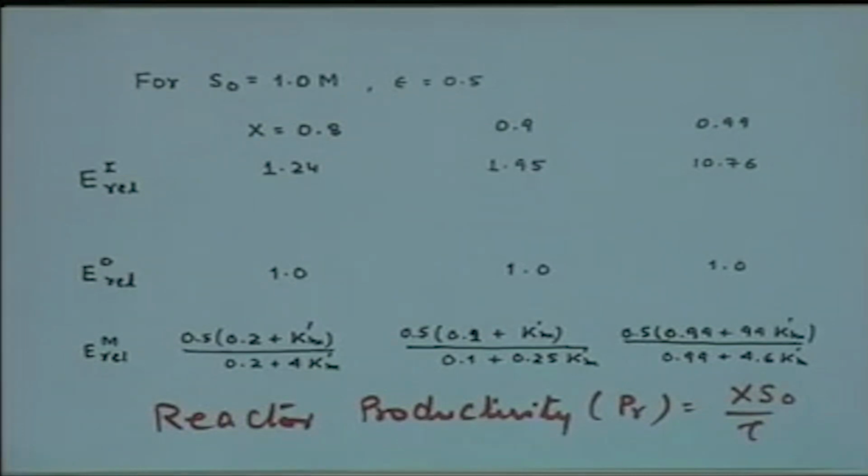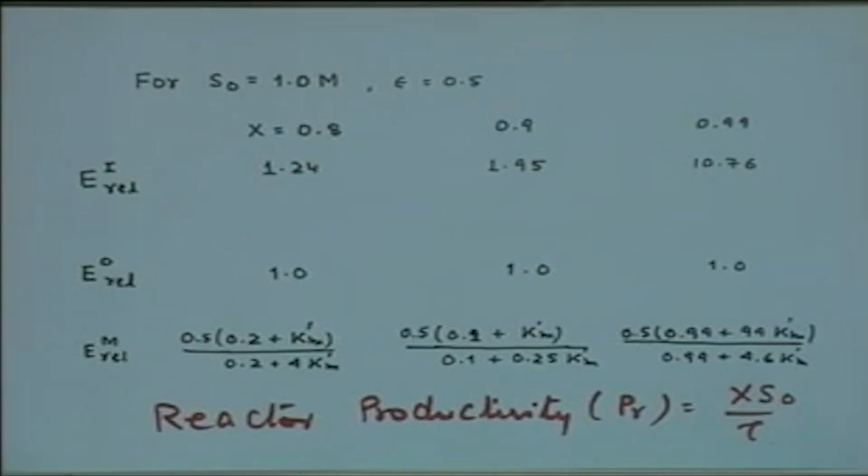Now, essentially you will notice that the reactor productivity also is linked with the fractional conversion. In the case of the 2 types of reactor, the reactor productivity is directly linked with the fractional conversion, and obviously as it is also linked with the tau, inversely proportional to tau.